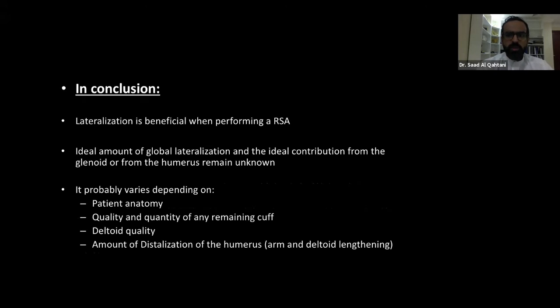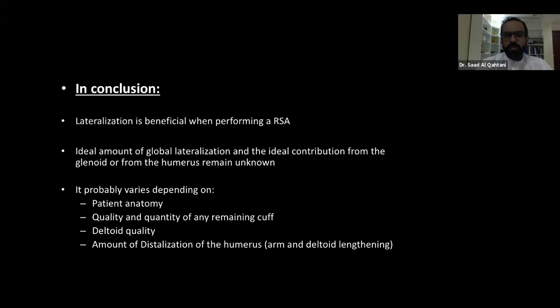So, based on all these studies, in conclusion, we know that lateralization is beneficial when we perform reverse shoulder arthroplasty. The ideal amount of global lateralization and the ideal contribution from the glenoid and the humeral side remain unknown.